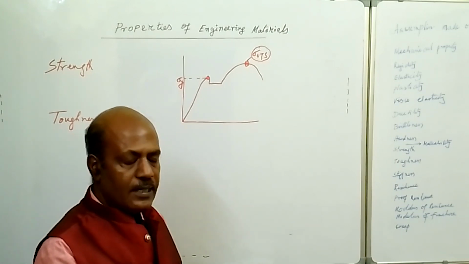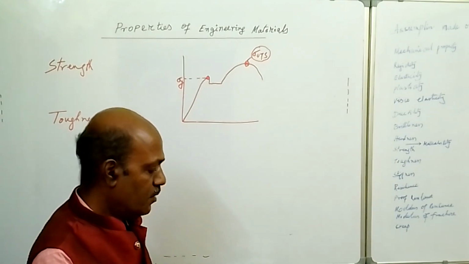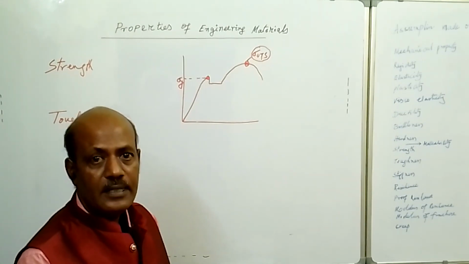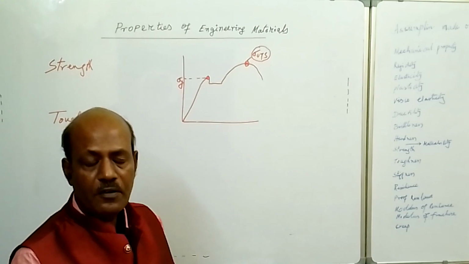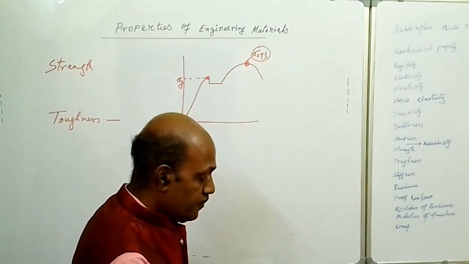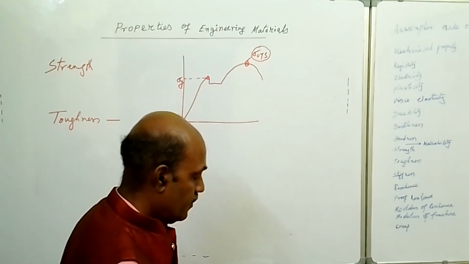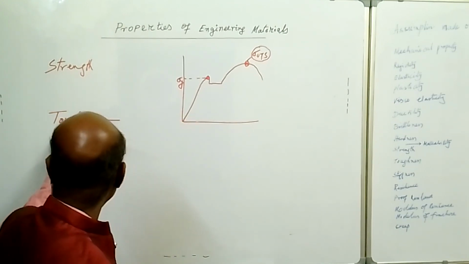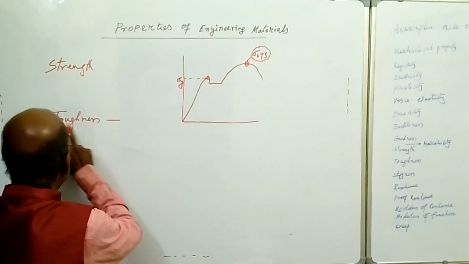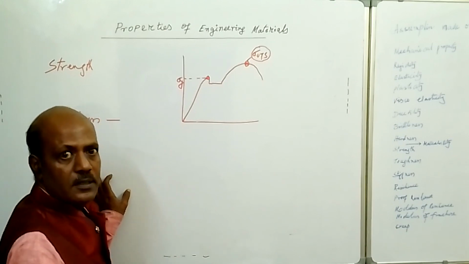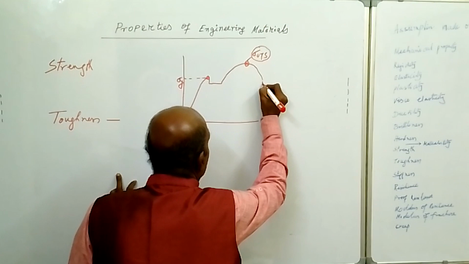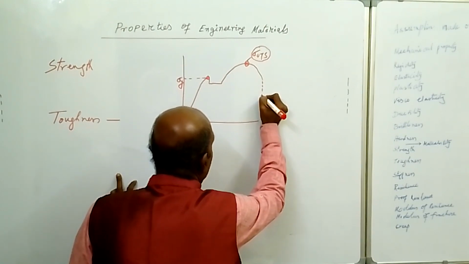The energy absorbed by the body before failure is called the toughness of the body. It is the fluctuating load carrying ability of the body.